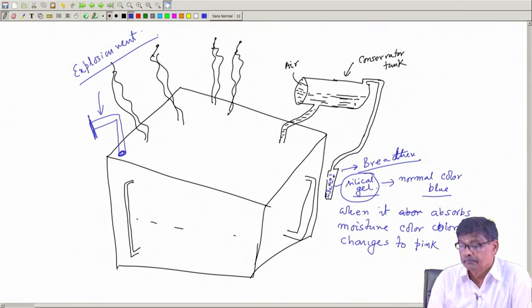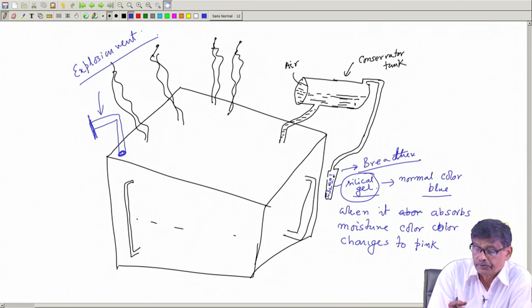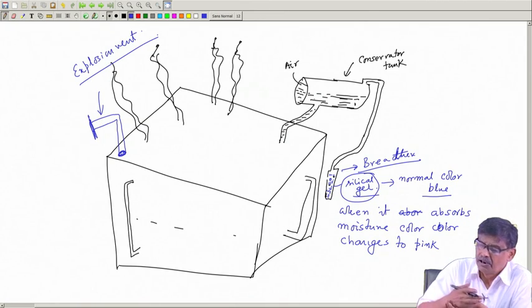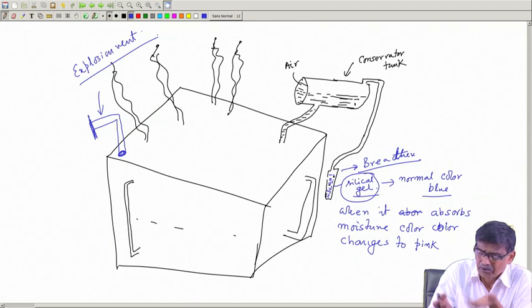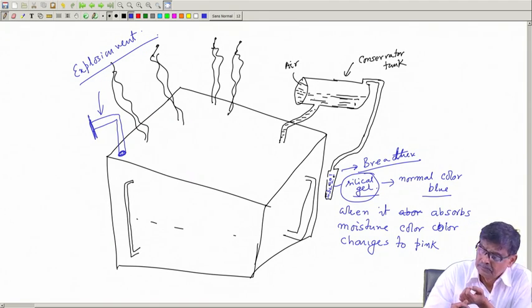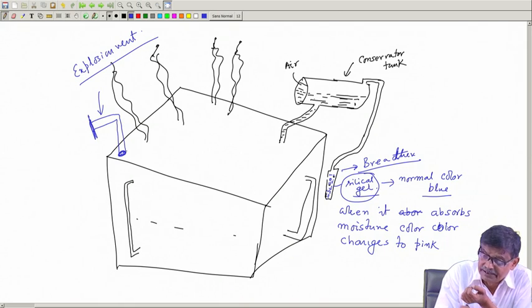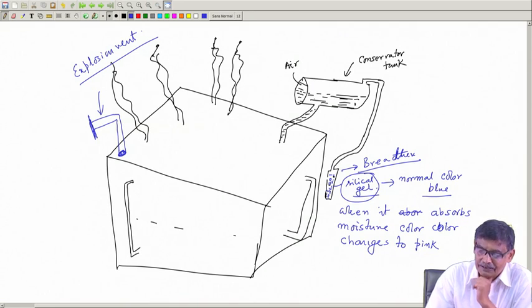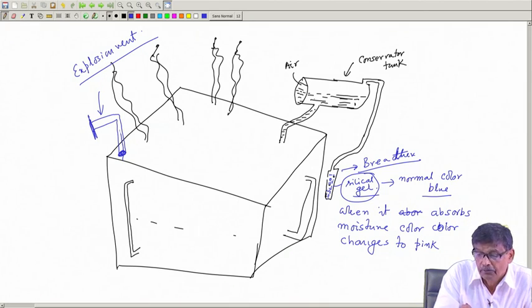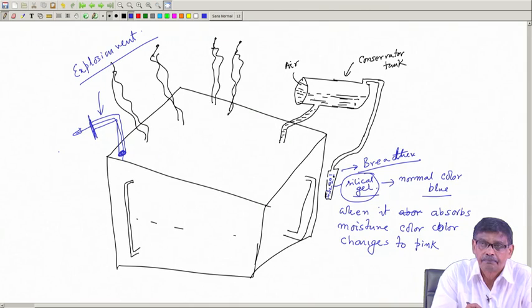What happens is this, suppose the transformer becomes overloaded, some fault has occurred, high short circuit current is flowing, heavy losses are taking place, oil is going up here, but this place is rather weak in its mechanical strength. So, oil pressure inside the transformer builds and it will break this, and this oil will gush out from this place.